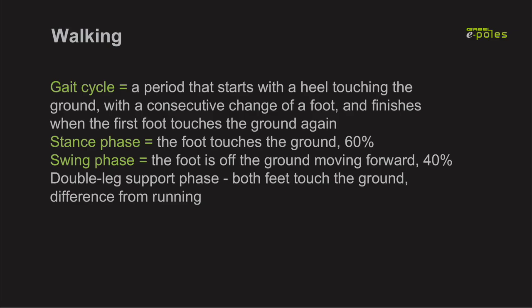A repetition of movements is called a cycle of walking. A cycle starts when we place our foot on the ground and a consecutive change of foot to place another foot on the ground. It could be basically divided into three phases. The first one is when we place our foot on the ground, it corresponds to 60% of walking. Then next, the second phase is the transfer phase, when we decide where to put the second foot.